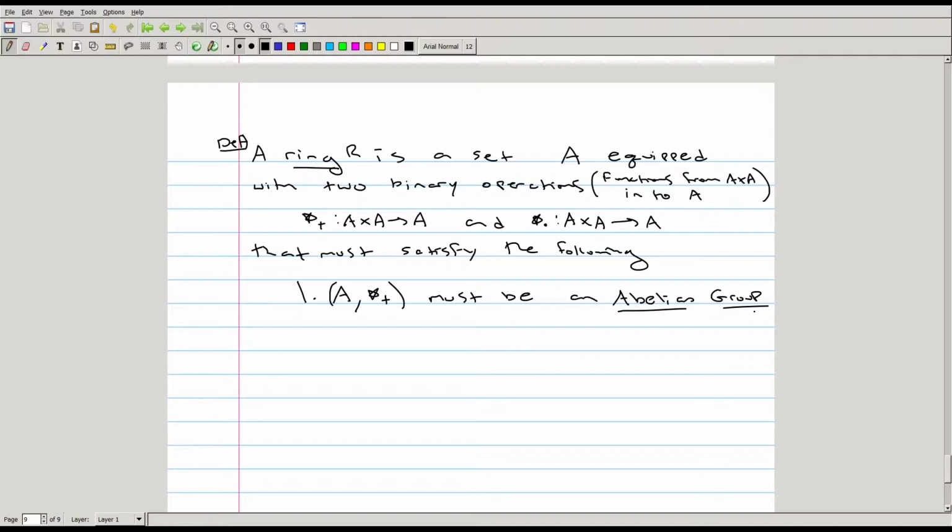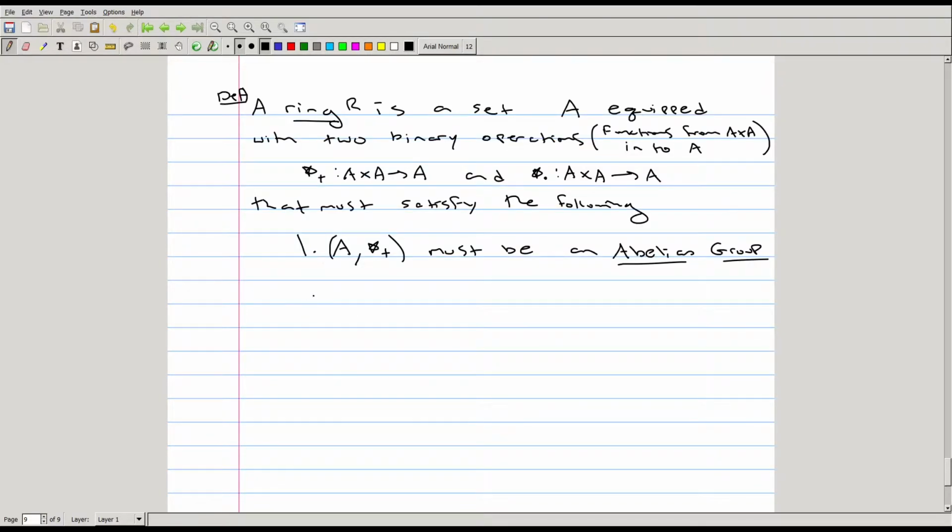This star plus operation must be associative, and there must be an identity element in the set A with respect to this star plus operation. More so, it must be commutative with respect to this plus operation. So, hence the abelian group assumption. In general, typically we denote e as the identity element for this abelian group.